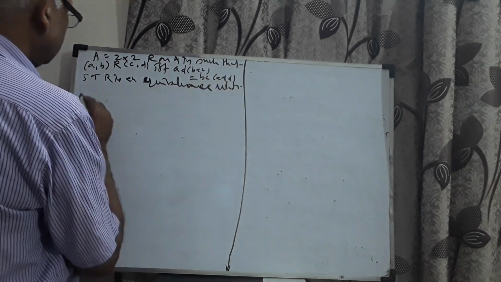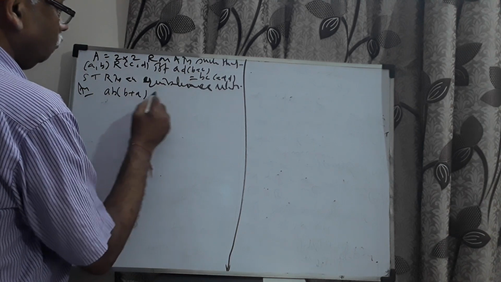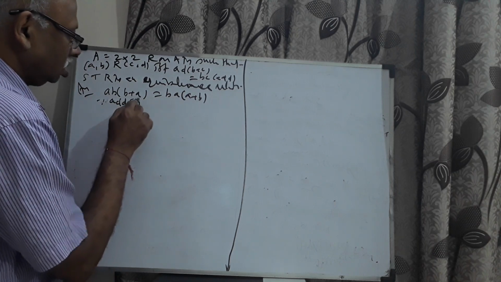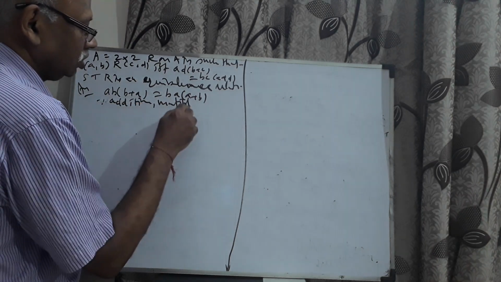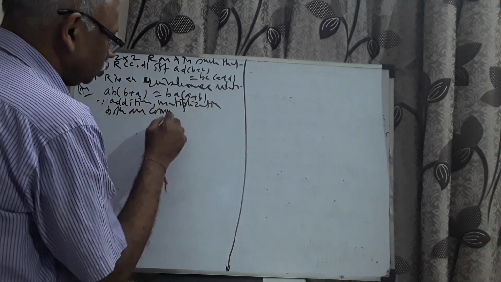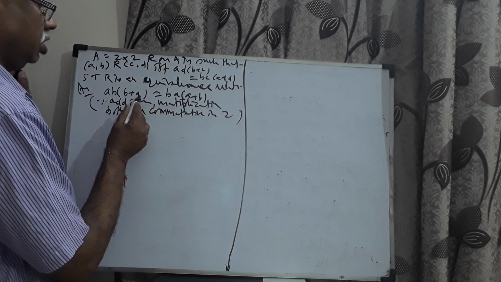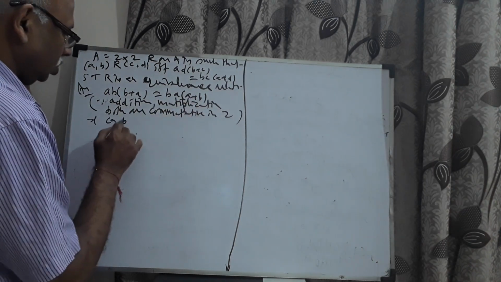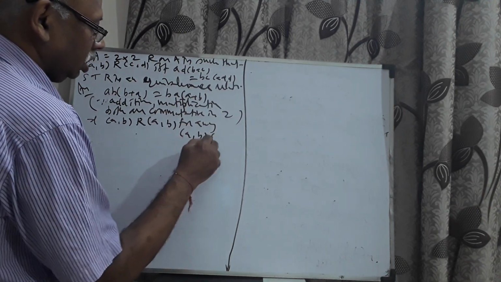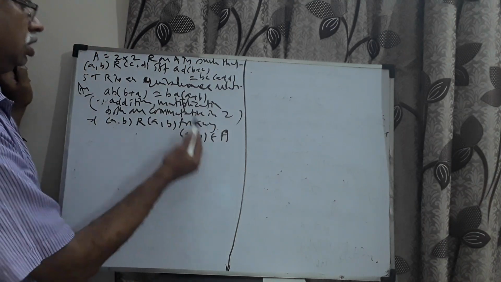Equivalence relation. Just listen carefully. Now AB into (B plus A) will be equal to BA into (A plus B), since addition and multiplication both are commutative in Z. Therefore, I can replace AB by BA, and replace B plus A by A plus B, which implies (A, B) R (A, B) for every (A, B) element of A. That is true.